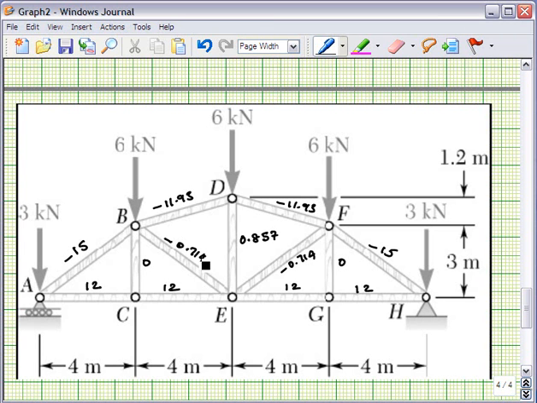So what I want you to observe is that some of the bars have positive numbers and some of them have negative numbers. What it means is that there are some bars that are in compression, that is, they're pushing against the joints. Some of them are in tension, they're pulling on the joints.